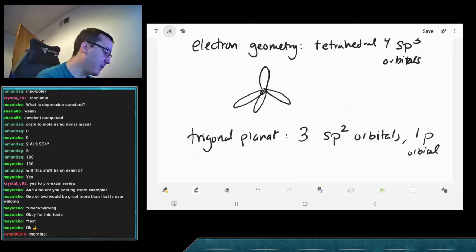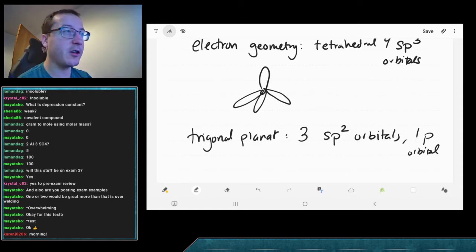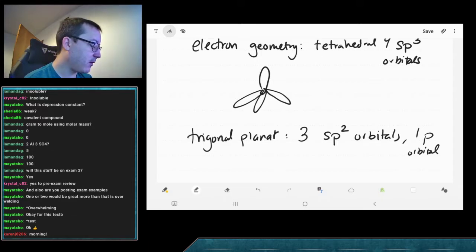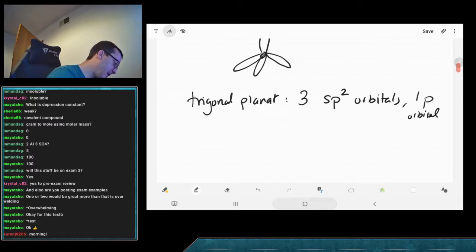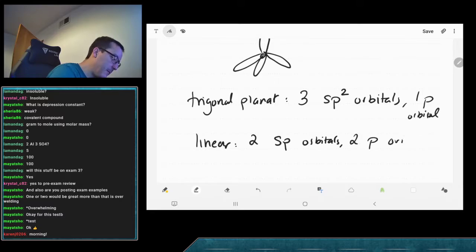So 3 hybrids for 3 domains. Anytime you're bonding to your domains, you're going to have hybrid orbitals. And how about this one? We're going to have 2 sp orbitals, 2 hybrid ones, and 2 p orbitals left over.